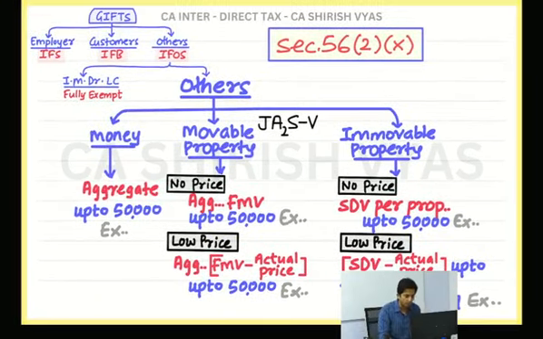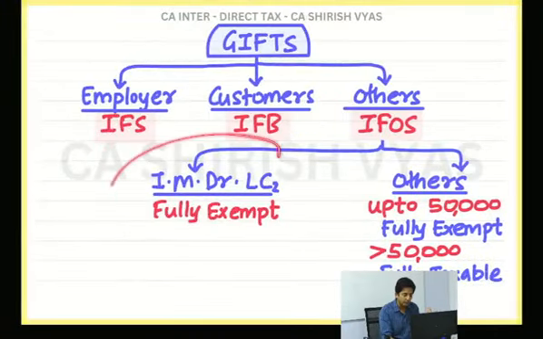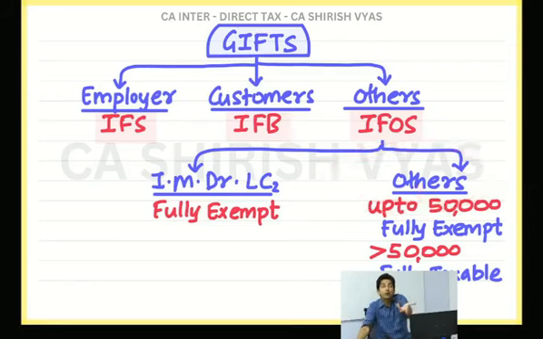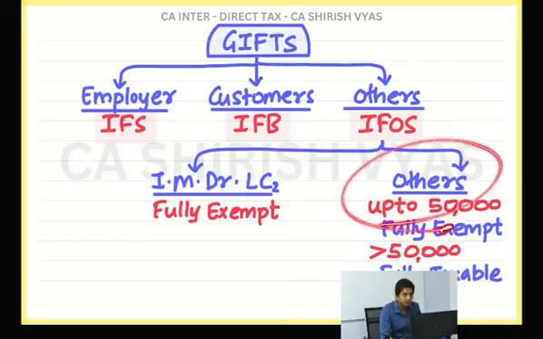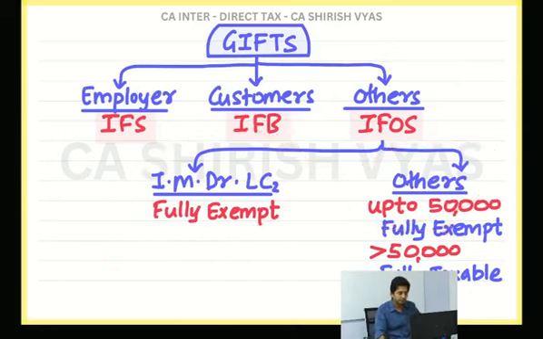Along with this chart, you have to remember the full form of I am Dr. LC, because you have to keep those aside. They are always tax free. Other than I am Dr. LC, the rest go deeper into money, movable, immovable. But for I am Dr. LC, it is always exempt.